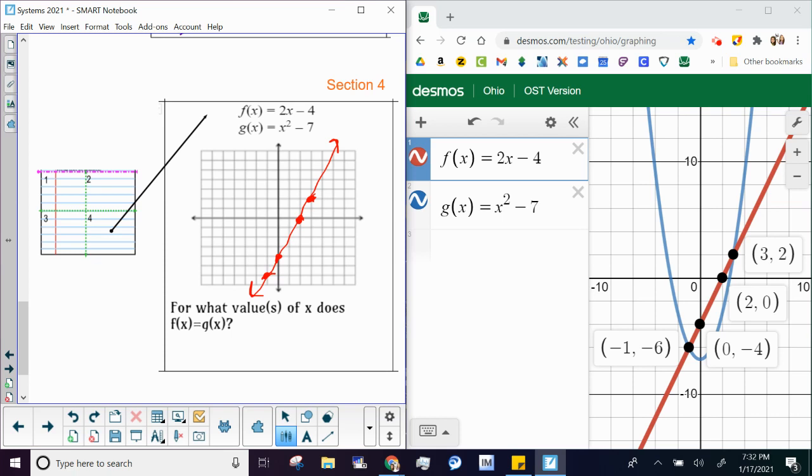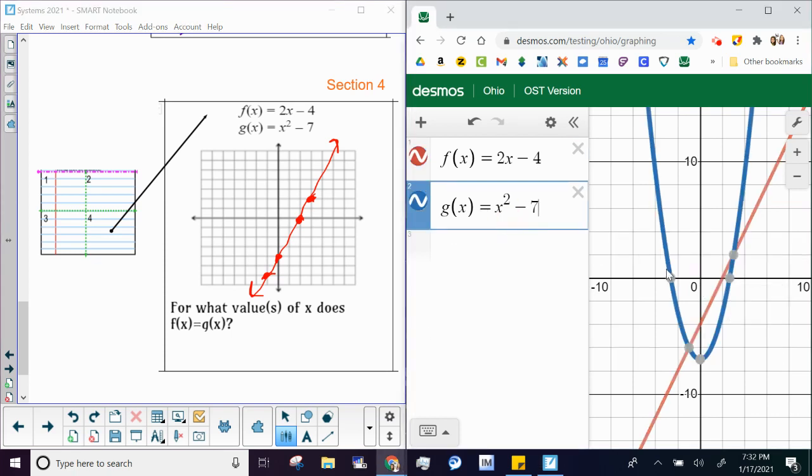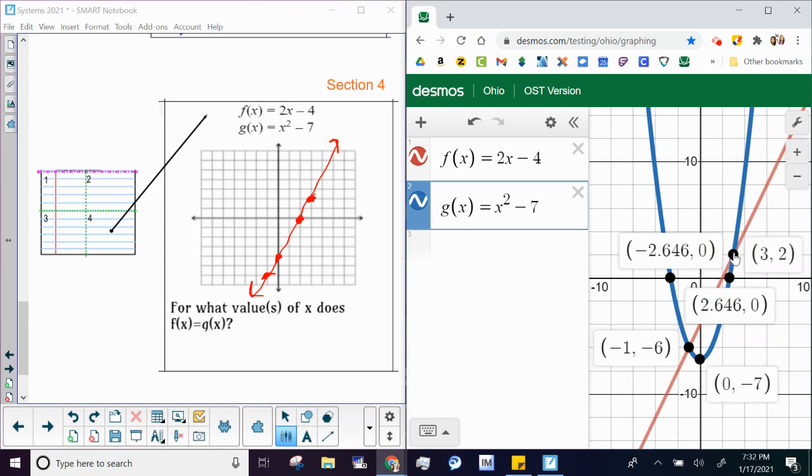But they want to know when f of x equals g of x. So I also need to draw some points from the g of x graph. And if you're looking at this along with me, not every point is nice. So I see this one is not nice, so I'm not going to graph it. And that one's not nice, so I'm not going to graph it. So I'm going to graph these 3 points.